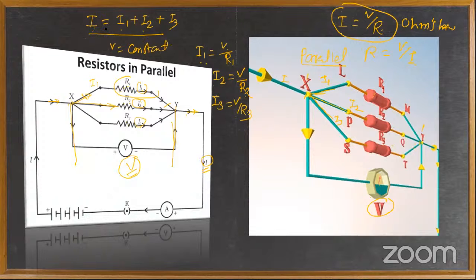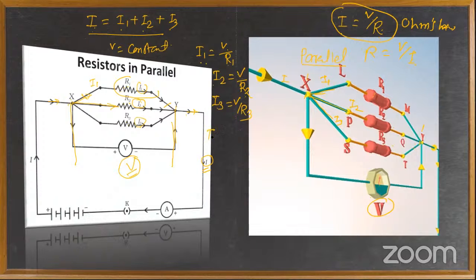Now we know this equation: I is equal to I1 plus I2 plus I3. How did I1 plus I2 plus I3 come? Because the current is distributed in 3 streams. Then we are putting these values in the equation.